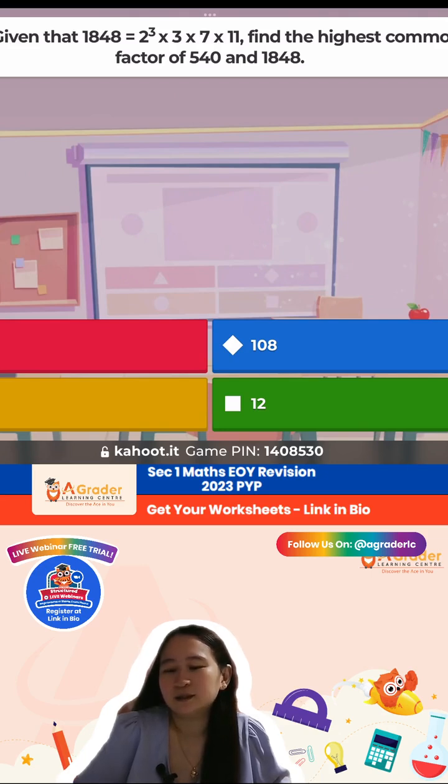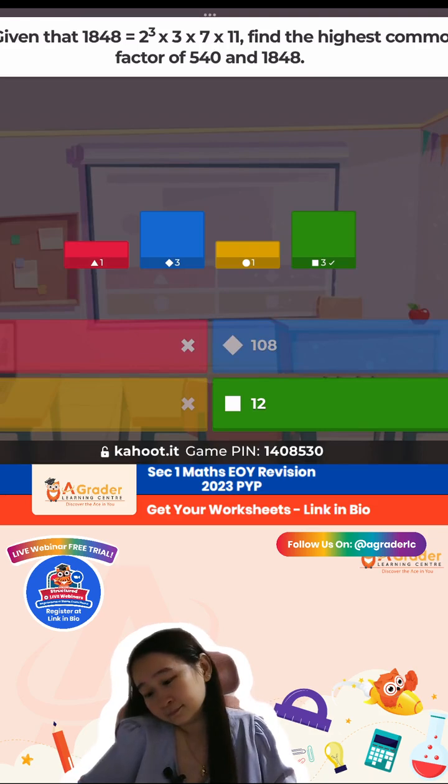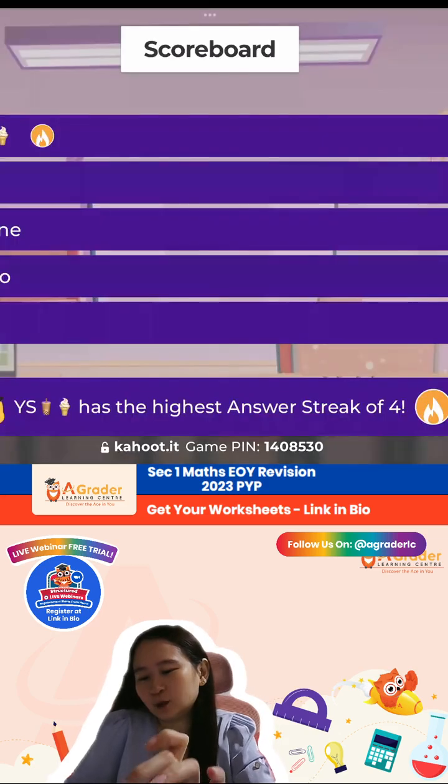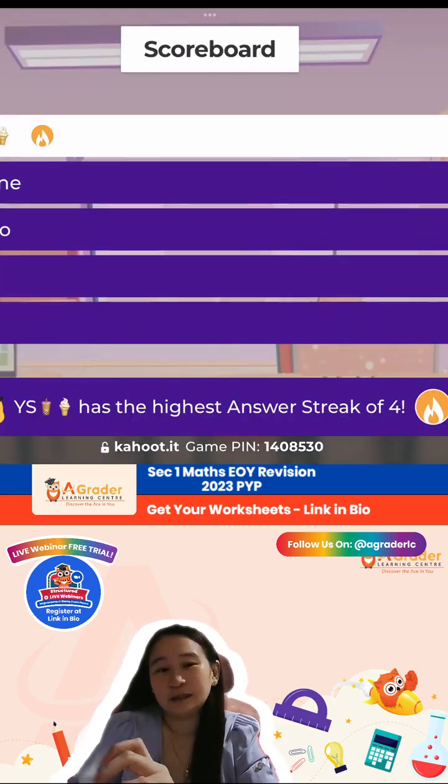Find the highest common factor here. When they're asking for the highest common factor, you have to take the lowest power.